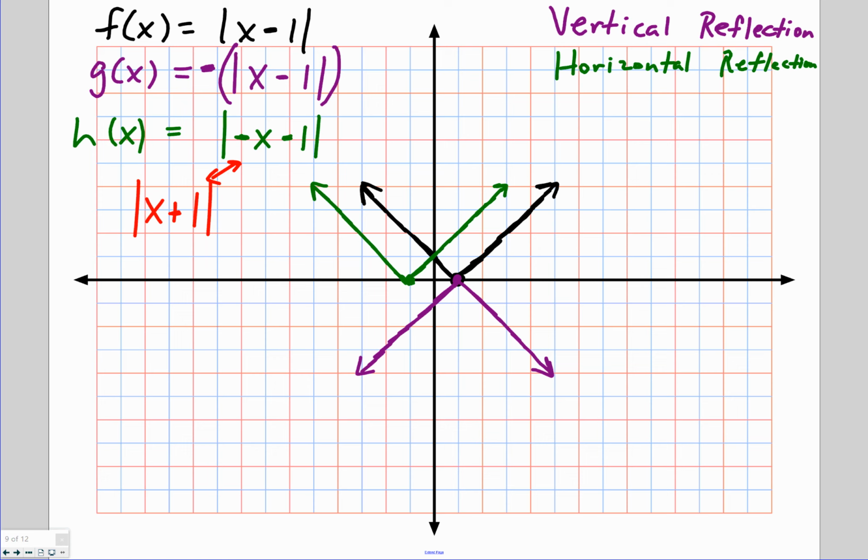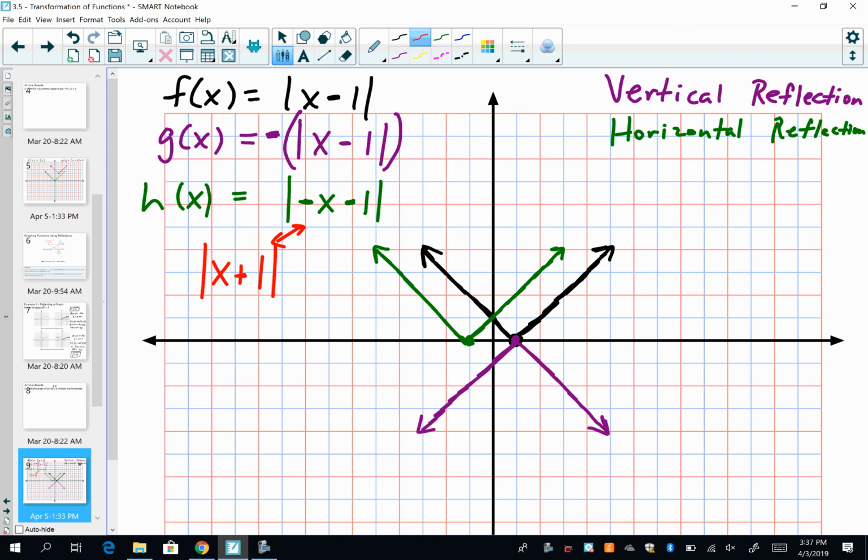They're the same function when you graph it, but they mean completely different things. This one just means you take the parent function and move it 1 to the left. Done. This one means move your parent function 1 to the right, then reflect it across the y-axis. Completely different things, right? But they result in the same absolute value function. All right, so let me pause this.